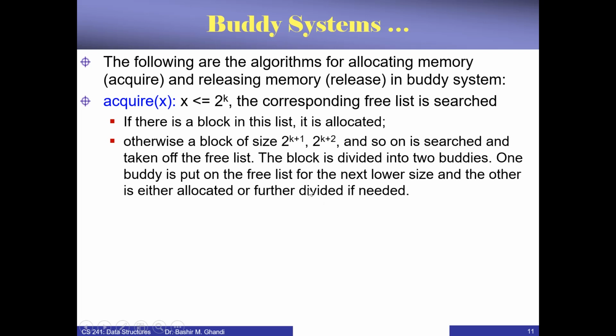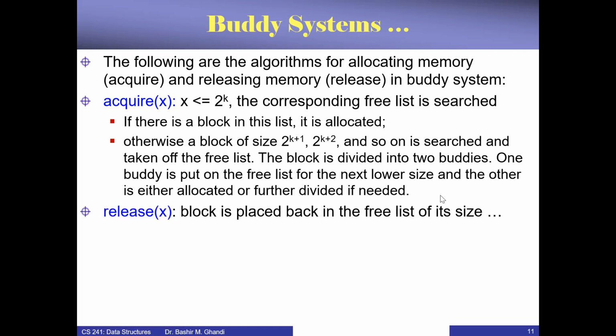Put one half, or one buddy, in the linked list of 2 to the power k, and then you allocate the other one, and so on and so forth. If this is not available, you again go to the next higher linked list, and so on until you find one, and then you make the allocation. We shall see a practical example of this after this slide.